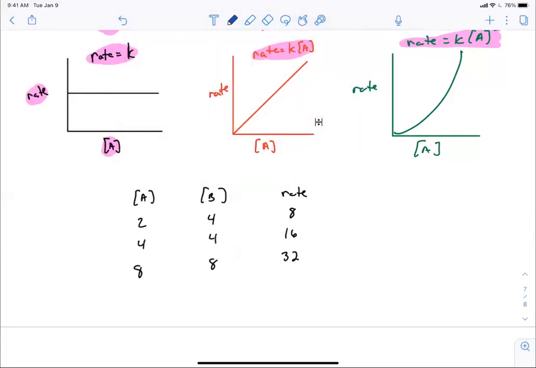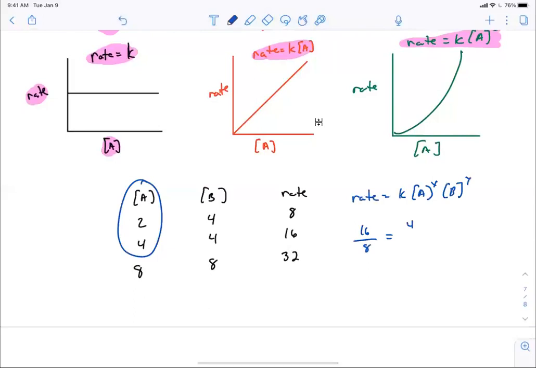Okay. And so we can solve for A because in experiment 1 and 2, A is changing, but B is constant. Rate is equal to K times A to the X, B to the Y. So if we plug in all these values, 16 over 8, the K's cancel, 4 over 2 to the X, and then 4 over 4 to the Y. Well, this cancels out.